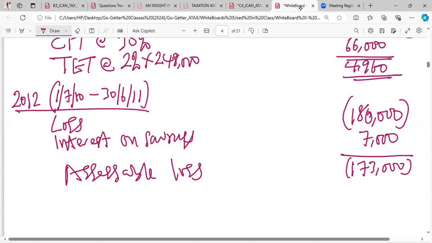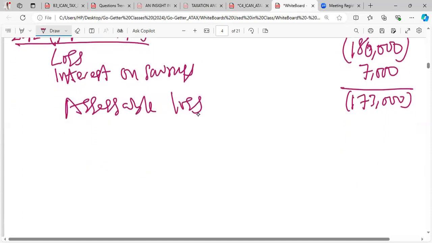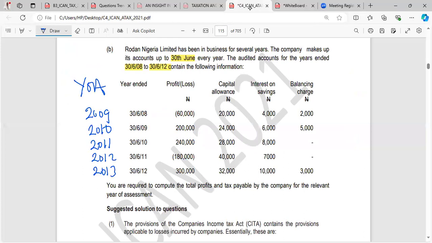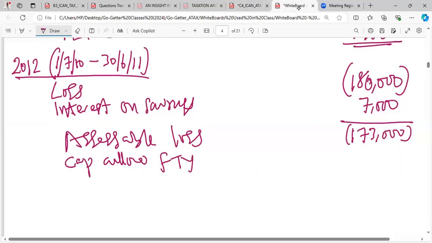Capital allowance has been treated, so capital allowance will not be carried forward. So you will now bring your capital allowance for the year, which happens to be 40,000. This 40,000 cannot be relieved, so it is carried forward.